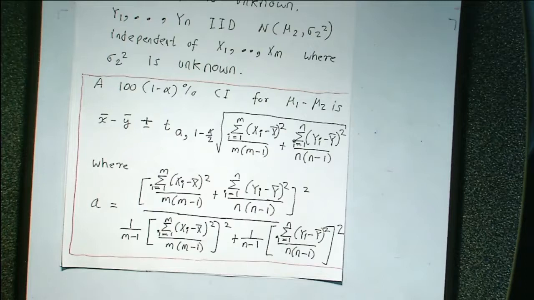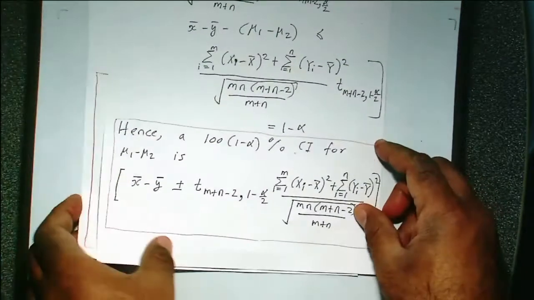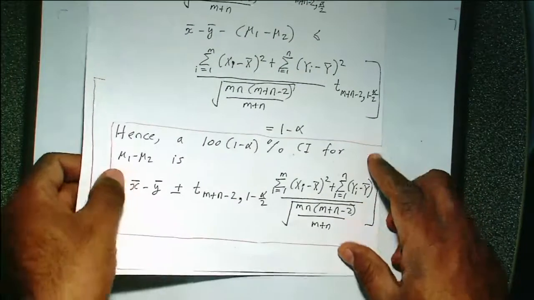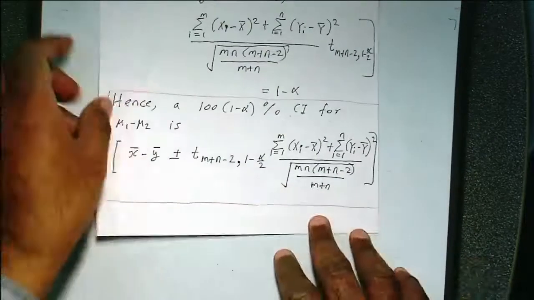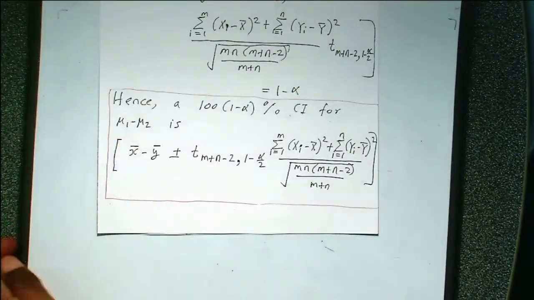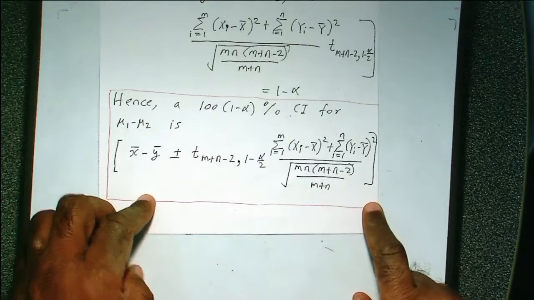Just a minute, guys, don't go away yet. This is number 2: the confidence interval for the difference in population means when the two populations have equal variance, but the value of that variance is unknown.